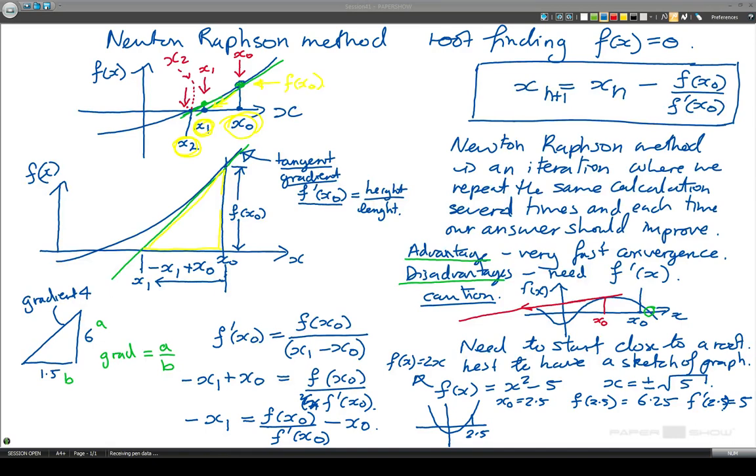And so what this means is that x1 is going to be equal to 2.5 minus 6.25 divided by 5. Right, and I'm just putting it into a calculator here, 2.5 minus 6.25 divided by 5.